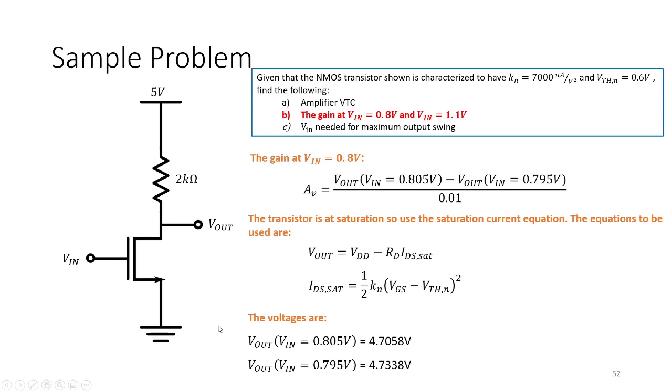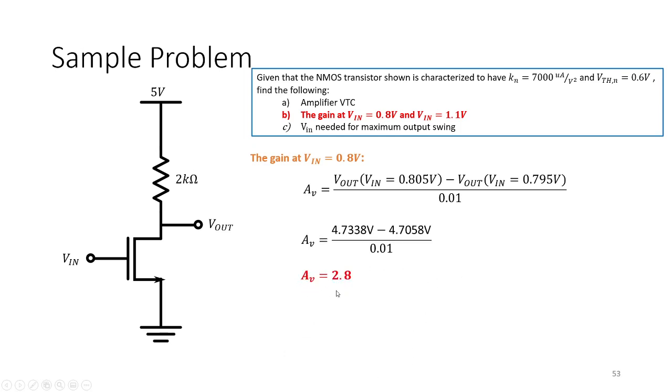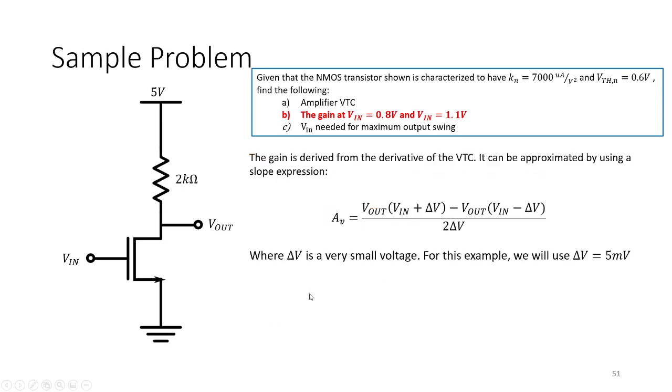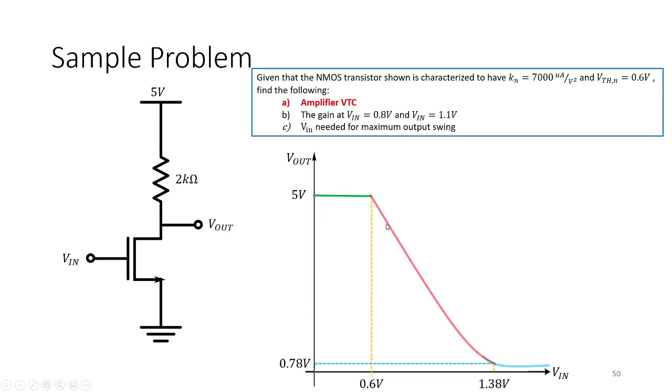We just substitute, solve for ID sat, and then we substitute back here. We will get these voltages, and then we subtract. And we get that the gain is 2.8 at that certain point. So as you can see, at 0.8 here, if we introduce a small signal here, the output has a gain of 2.8 here. Okay?